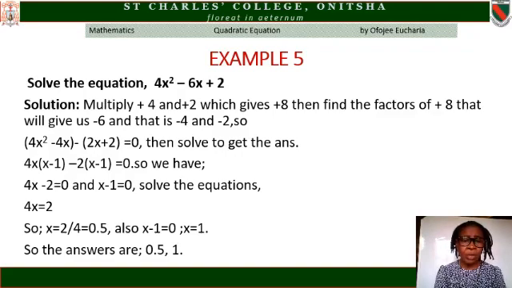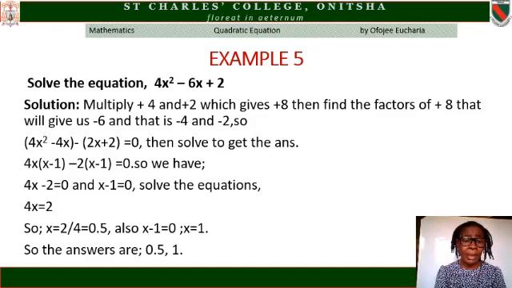So the factors of plus 8 that will give us minus 6 are minus 4 and minus 2. We then use minus 4 and minus 2 to replace minus 6x, and that gives us 4x squared minus 4x minus 2x plus 2 equals 0.